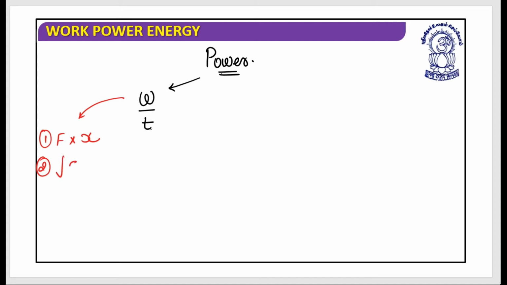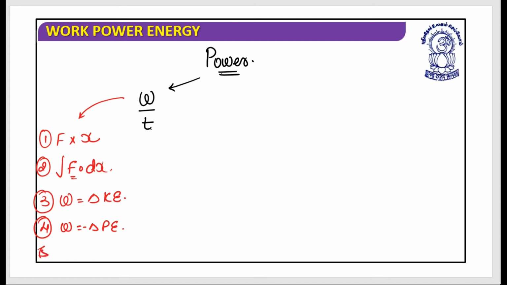Second approach, integration of F dot dx, when force is variable. Third approach, work done equals change in kinetic energy. Next approach, work done equals negative of change in potential energy.